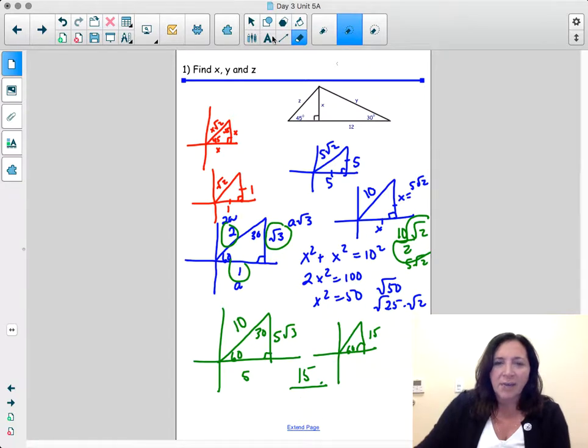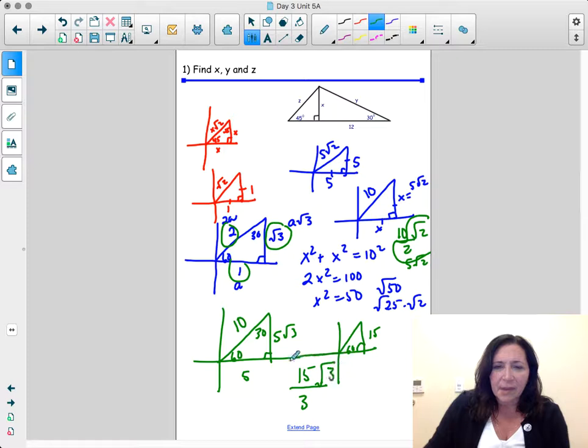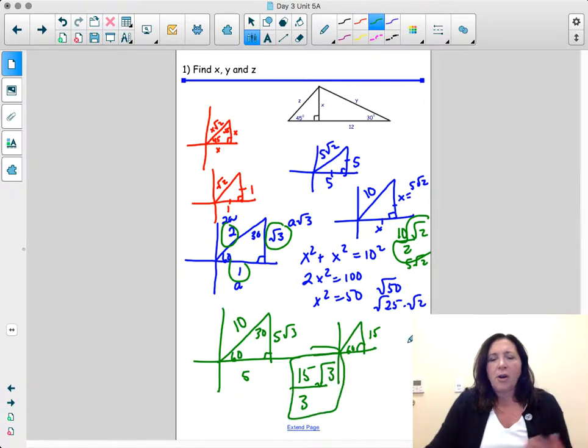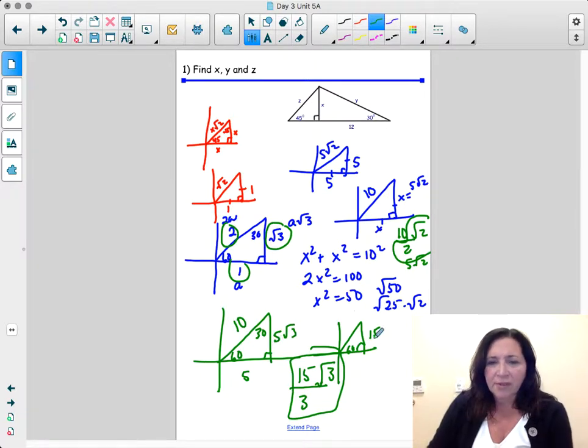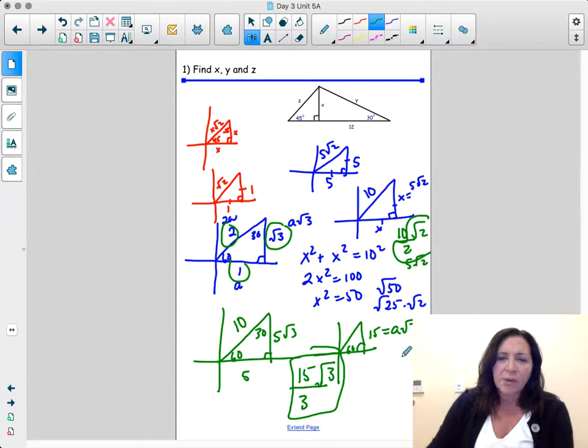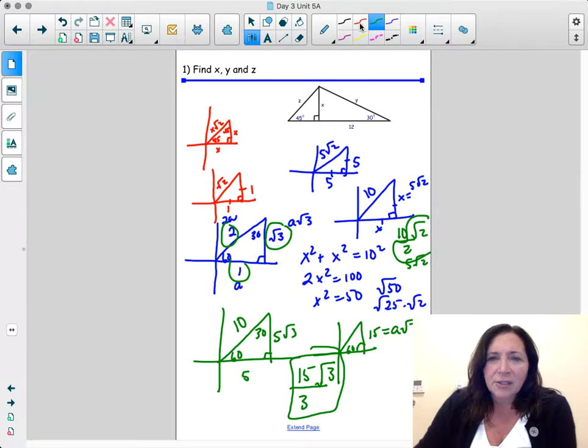You would divide by 3, and then you would multiply by root 3. You'd start off by dividing by root 3, because if this 5 root 3 was, let's say, 15, you could set that equal to a root 3, and then divide by root 3 and then simplify.